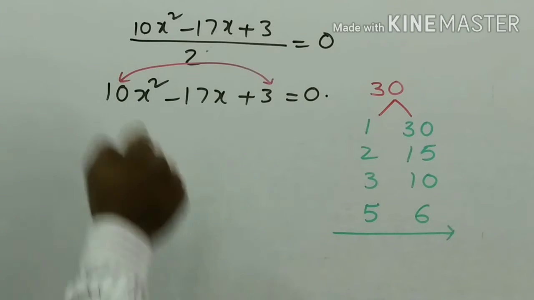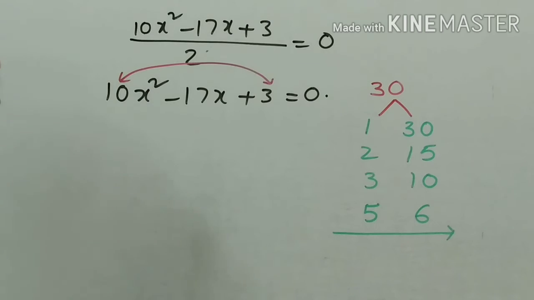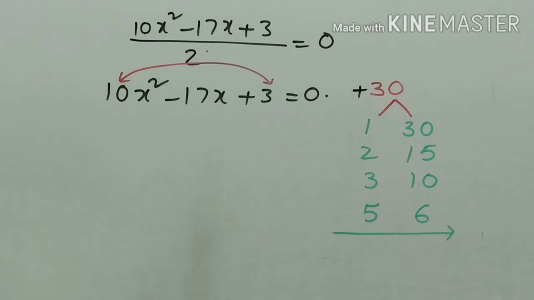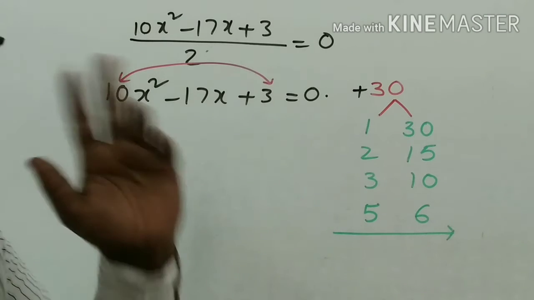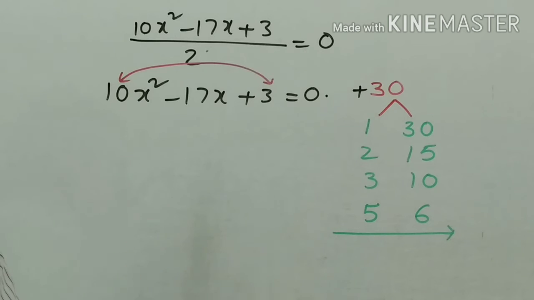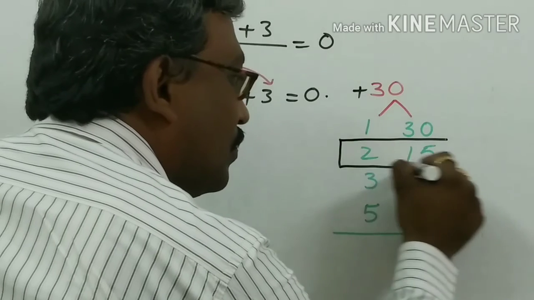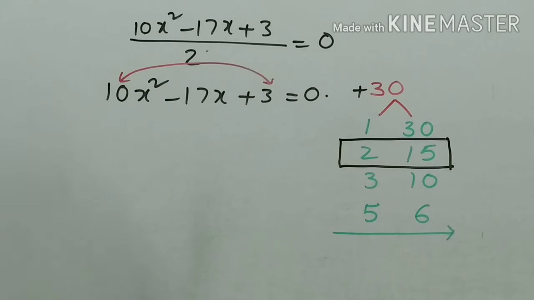Now, which is suitable for this? With respect to the symbol, 10 threes are plus 30. So if you add or subtract, you should get 17. You have to select a pair, and that is none other than 2 and 15 only. Numbers we selected.